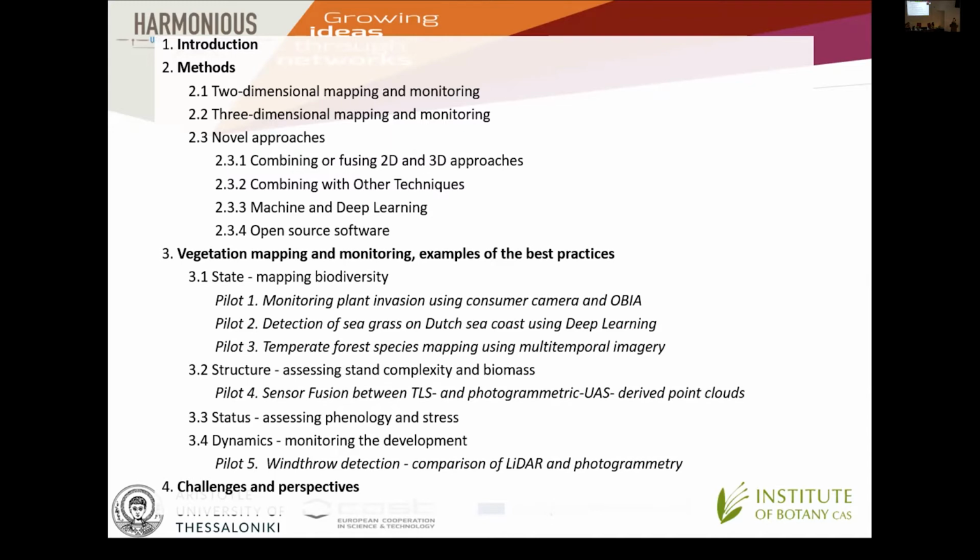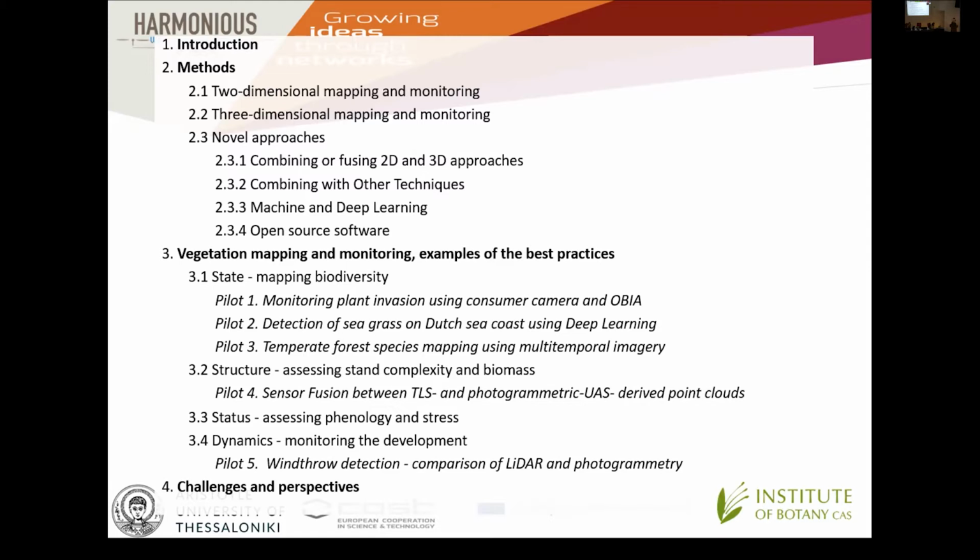We briefly introduce methods like 2- and 3-dimensional mapping, and some novel approaches such as fusion of the two, and combining with other techniques such as field mapping, machine and deep learning, and open source.